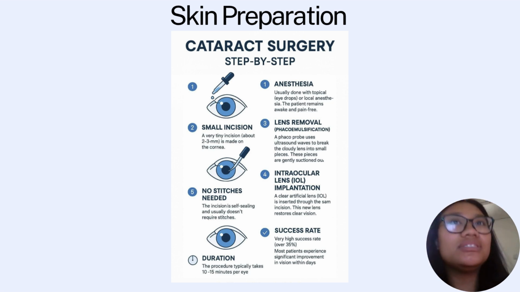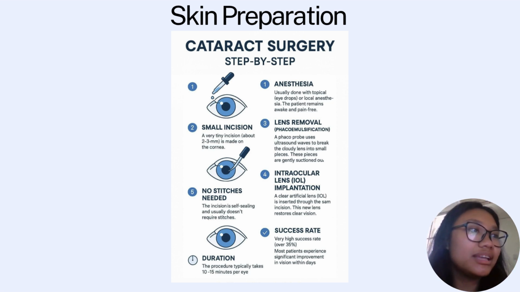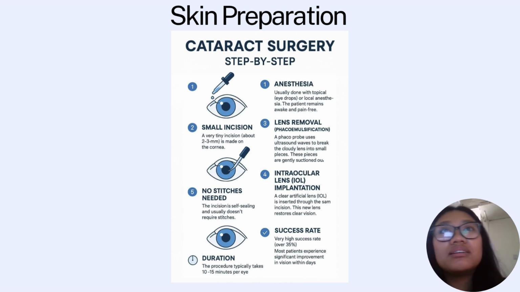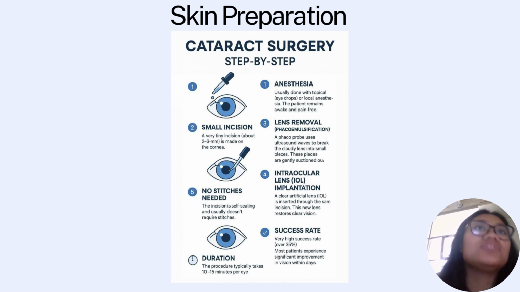First is to put the anesthesia, and usually it is done with topical eye drops. Then second is small incision in the eye, then third is lens removal or the phacoemulsification itself, which is the procedure itself, and then fourth is intraocular lens implantation.